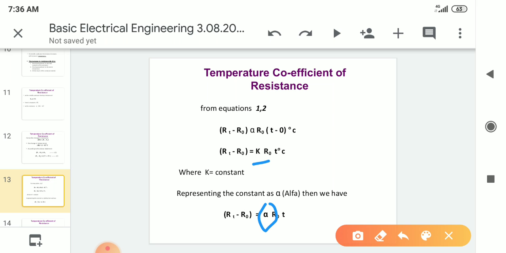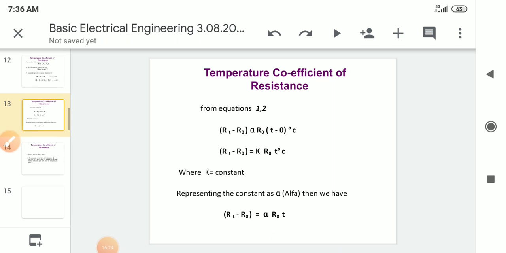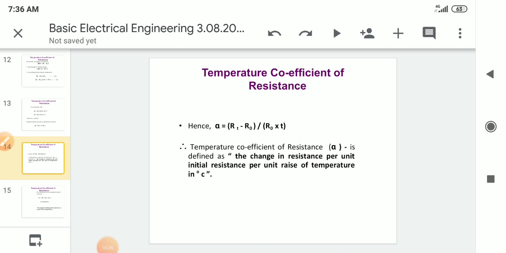So what is this alpha? Alpha is a constant known as the temperature coefficient of resistance. So finally the equation we get is R_T minus R naught equals alpha into R naught into T. Here alpha is the temperature coefficient of resistance. This is the final equation we are getting.